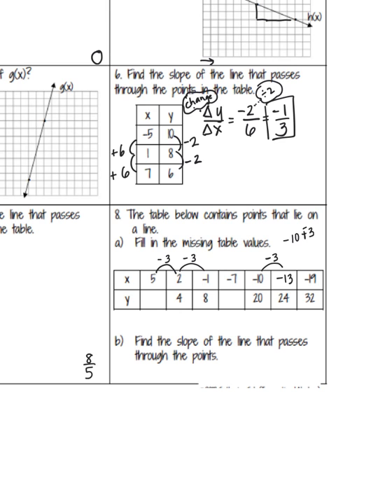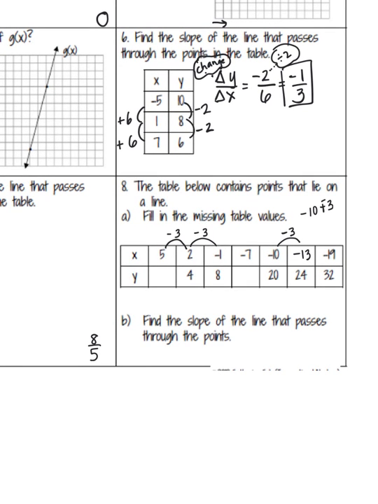So now I have to see what the pattern is on the bottom so that I can figure out what goes in those missing places. So I'm going to start with what I have. To get from 4 to 8, I notice that I am increasing by 4.